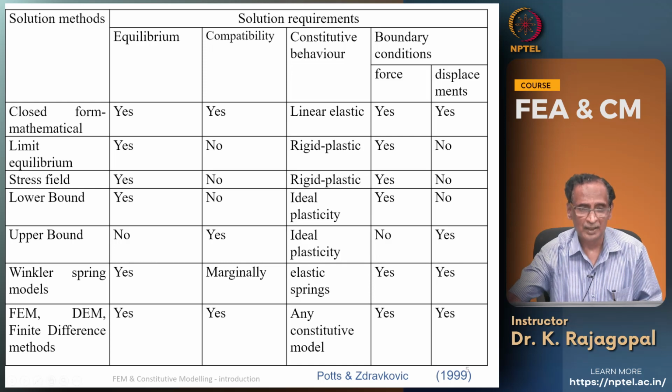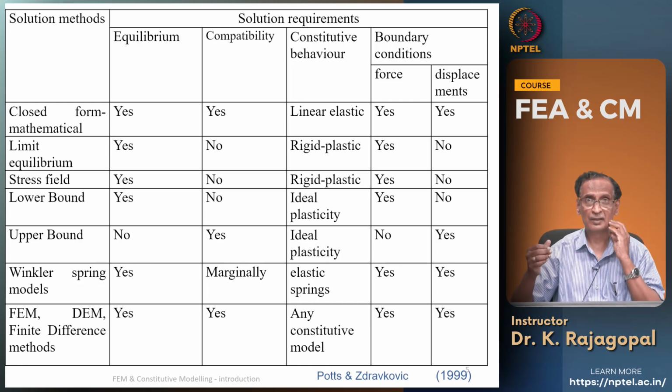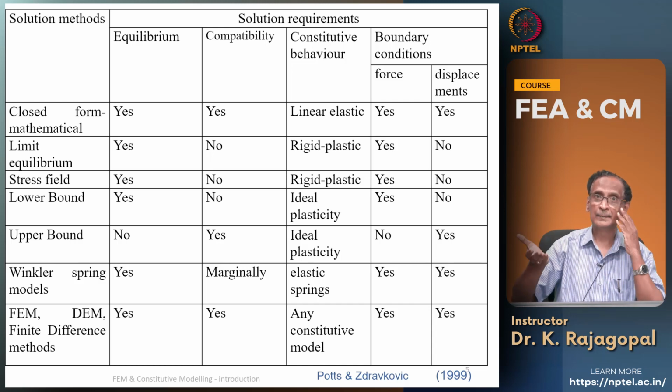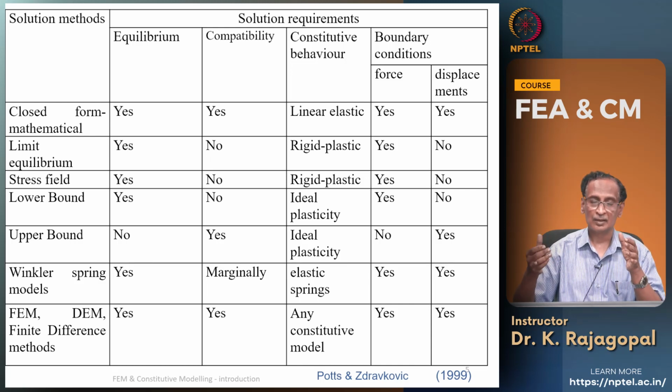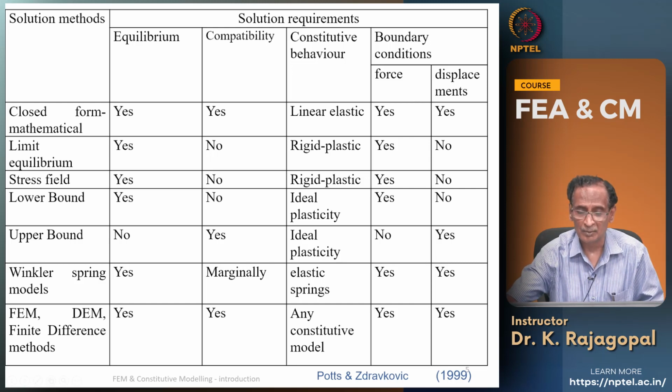Then the constitutive behavior, because all these mathematical models can only be applied for linear elastic problems. If you open any elasticity textbook, you'll get a lot of solutions for the case of, say, any type of loading on a surface, and we can get the deformations and then the stresses, and we can satisfy both the force and displacement boundary conditions by these closed form solutions.